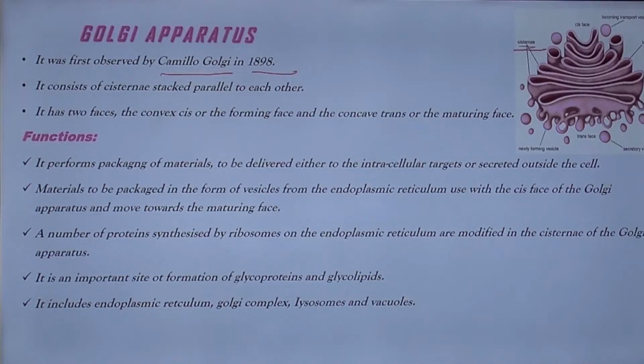See, this is the cis face and this is the trans face. The cisternae are parallel to each other, and it has two faces. One is the convex cis, or the forming face, and the concave trans, the maturing face.